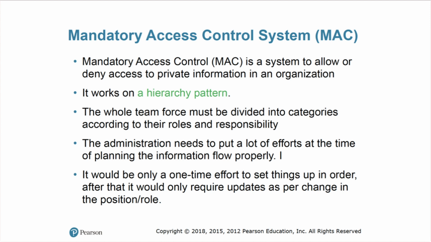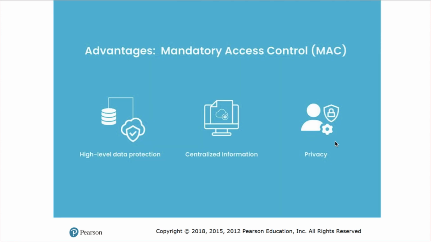Therefore, a classification label is given every time in the file system, in the information system, when using mandatory access control, which is a method that is often used by the military as well. So for example, confidential, secret, top secret are some of the labels in this case.